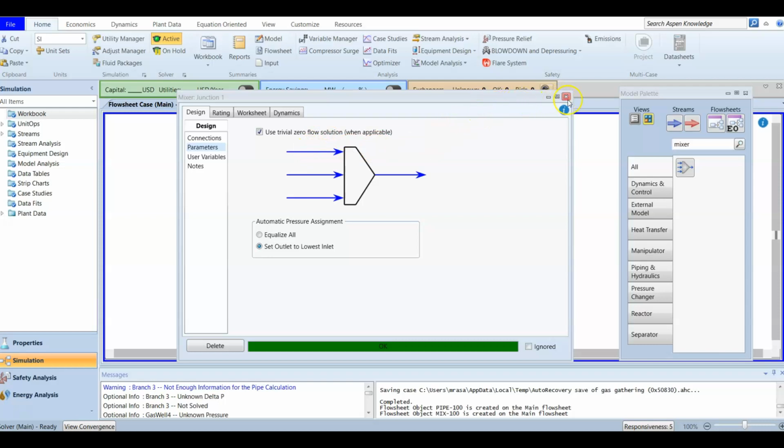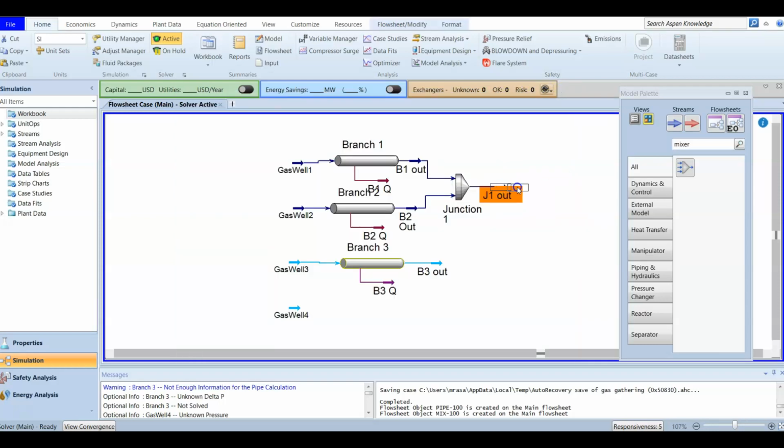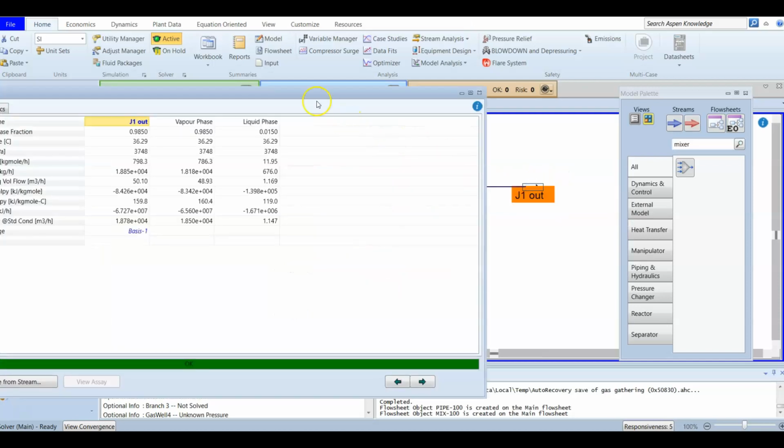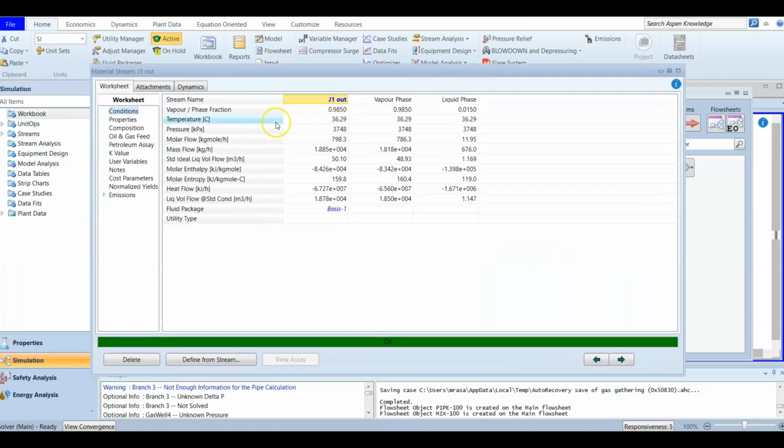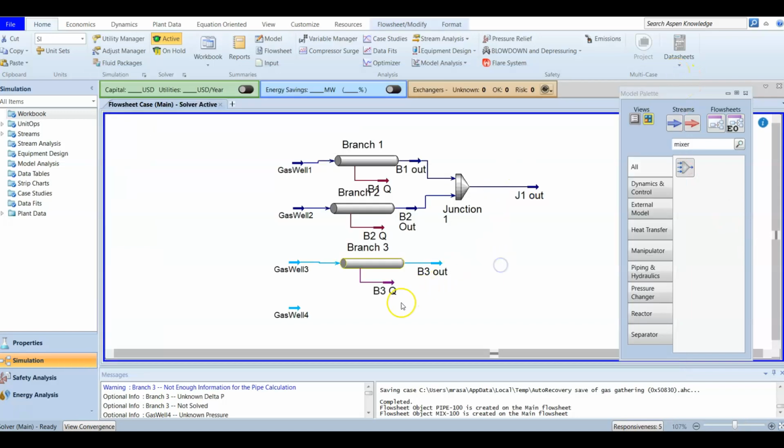Okay, we have our mixer here and this stream is well defined. So I have mixed the product of the two streams and I have a temperature of 36. This is the lowest pressure, so it chooses the lowest one. Okay. Now I'm going to define our last branch, this one, branch number 4.